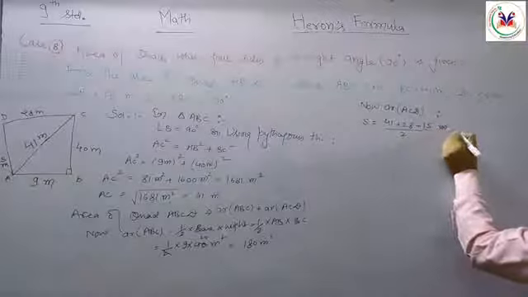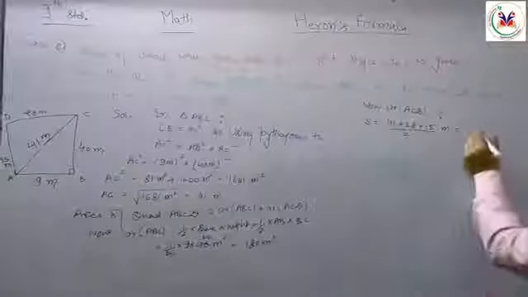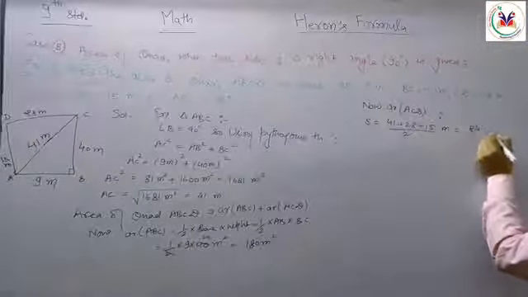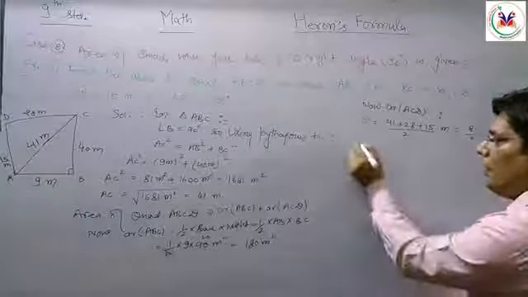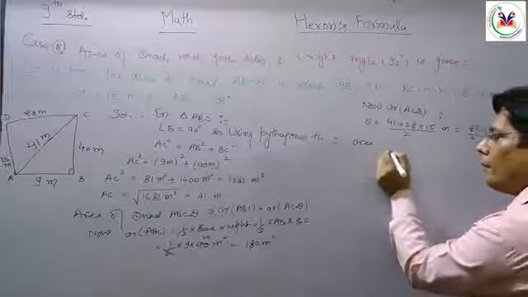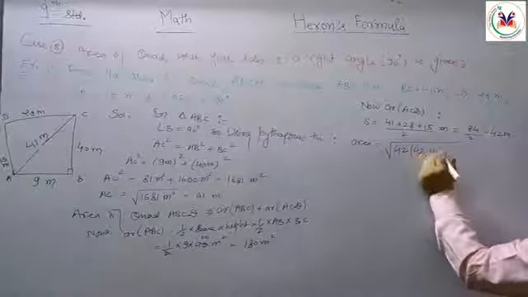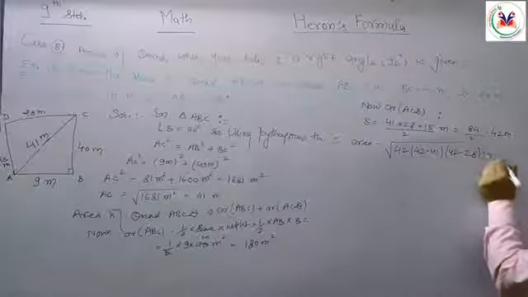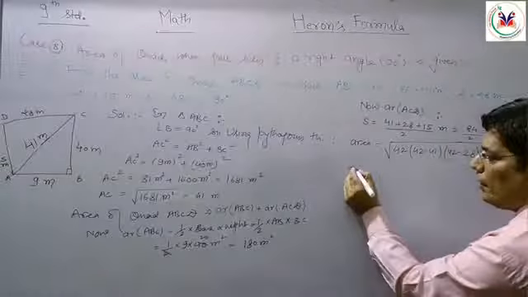Now I should make the addition. 5, 8, 13, or 14, carry 1, 5, 7, or 8, divide by 2, 42 meter. Am I right? Now area equals root of 42 into 42 minus 41, 42 minus 28 and 42 minus 15 meter square.